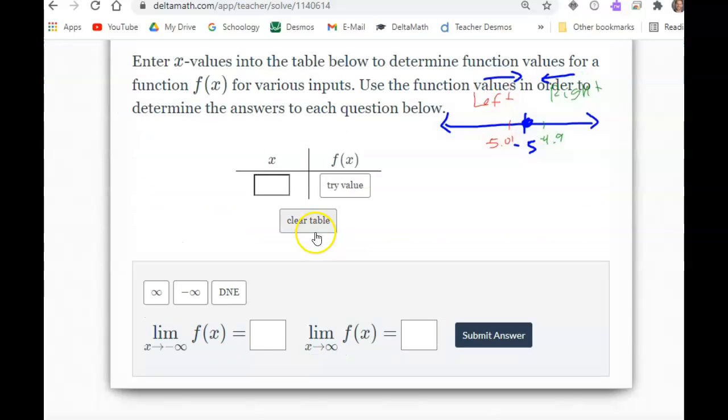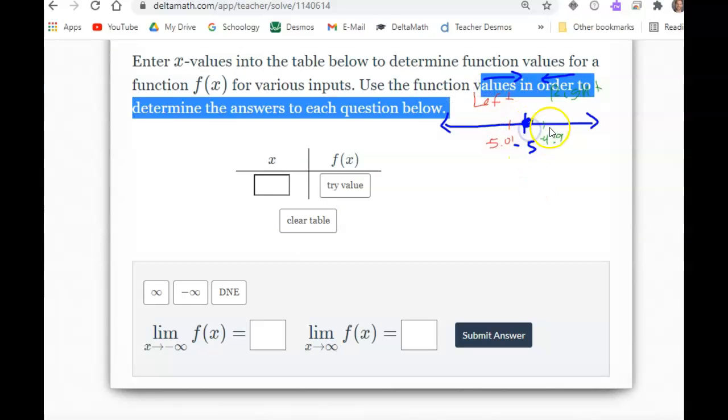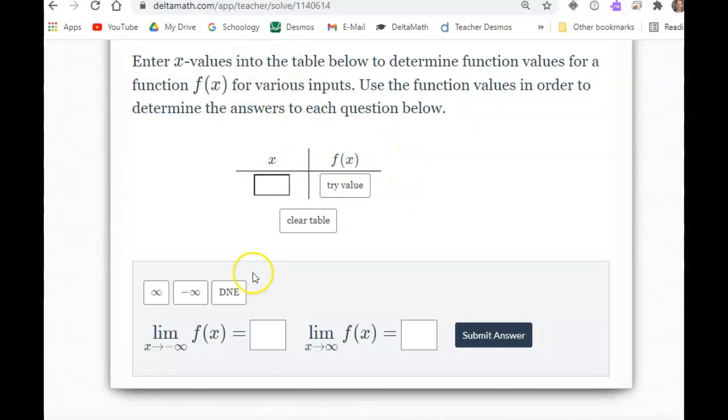You had other questions that were just like this. All right, so same type of question, but now they're going to say, well, what happens as x goes to negative infinity? Now notice, we don't know what the function is. So I want to pick values that go to negative infinity. Well, what's a really large negative number?